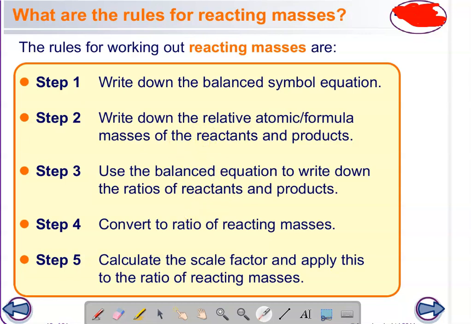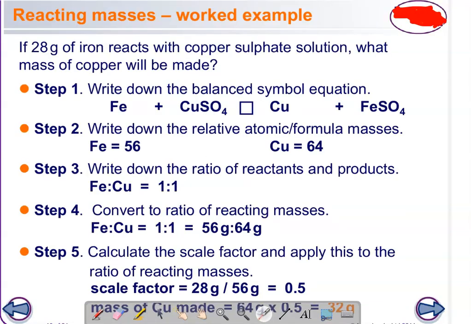Let's look at a specific example. Here you have the mass of iron reacting with a copper sulfate solution. What mass of copper will be made? So you are required to calculate the amount of product that will be made if you have a specific amount of a reactant. Let's go through our steps.